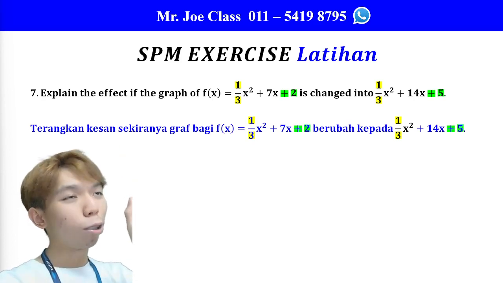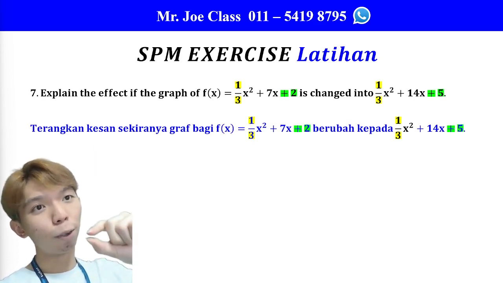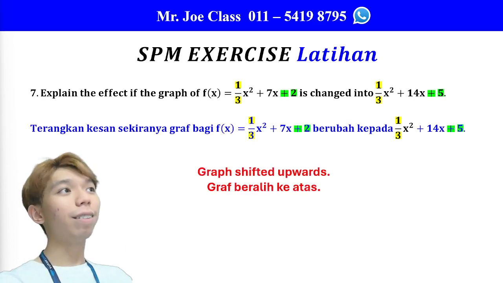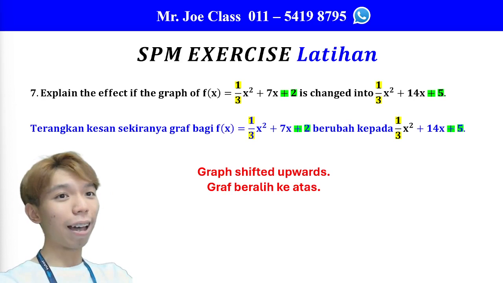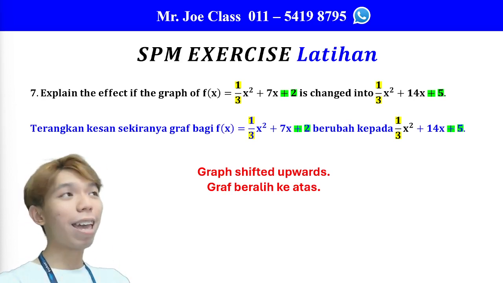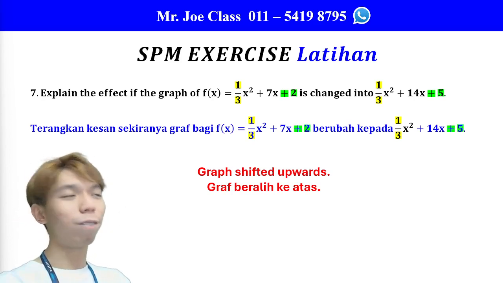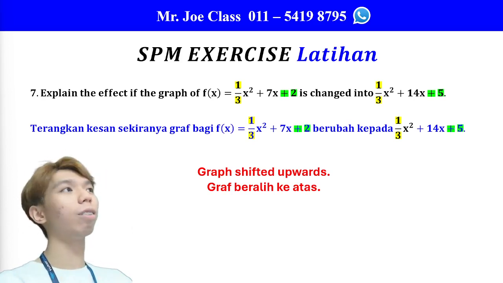So from 2 on the y-axis to 5 on the y-axis, it shifted upwards. The graph shifted upwards, beralih ke atas. And you do not have to describe the shape of A. When A is positive, you do not have to describe that the parabolic shape opens up. Just describe C will do. So it shifted upwards.